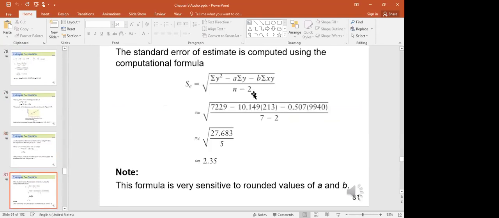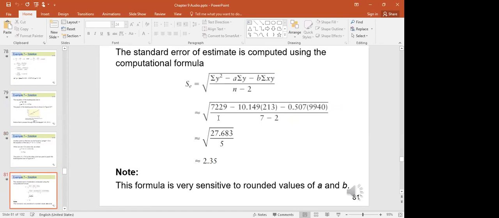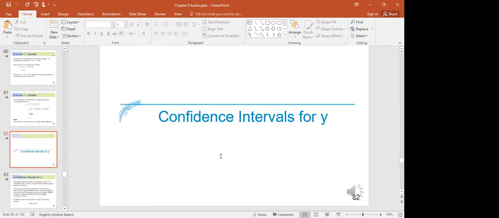And there is a prediction here for x equals 15 that gave 17.8. The standard error, you saw it there, S equals 2.35. This standard error is generally useful in finding the confidence interval for beta and for y.